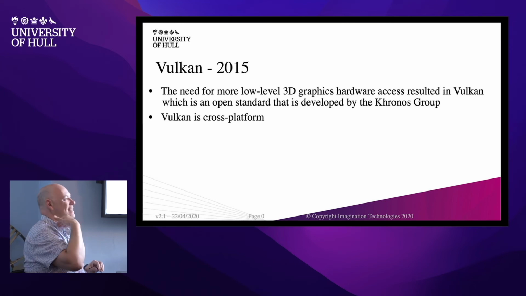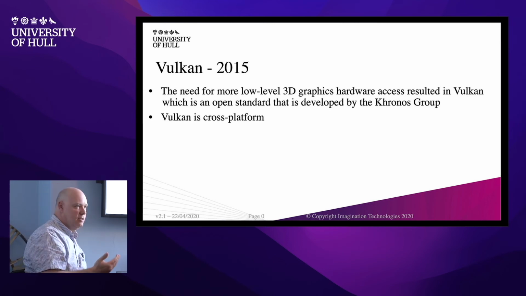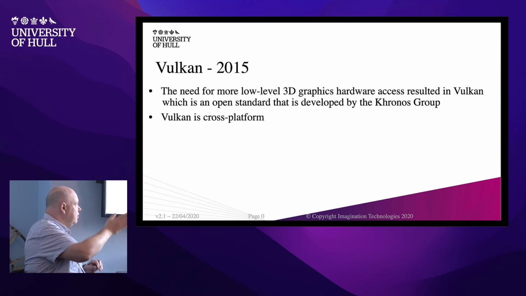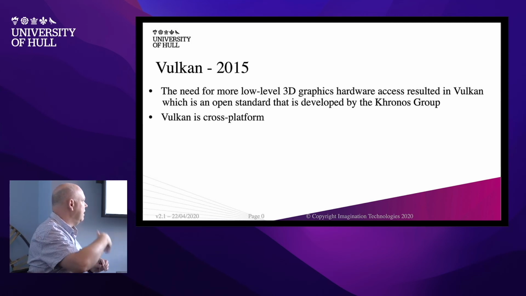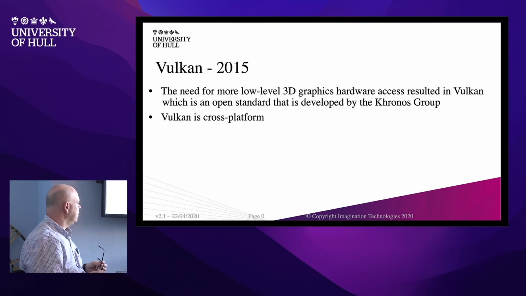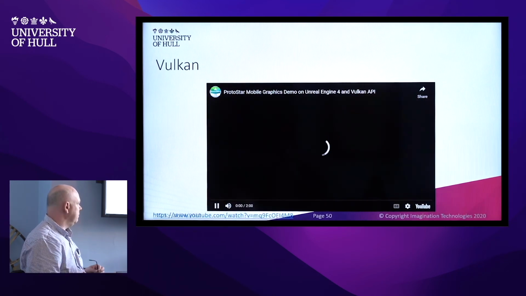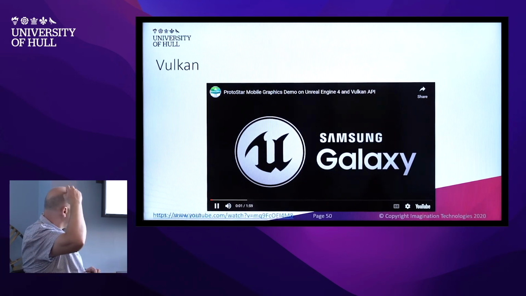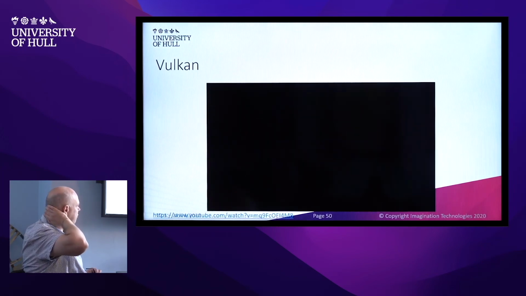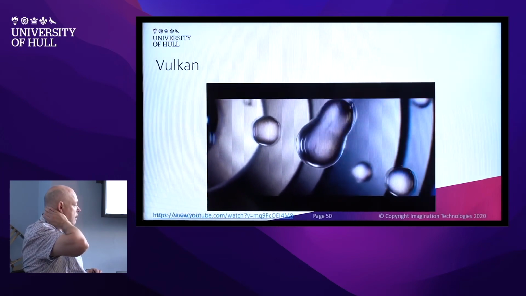So as an introduction to mobile graphics, this module uses OpenGL ES. Once you've mastered that, you should be able to look across to Vulkan and extend your knowledge. I do embed references to Vulkan throughout the lecture materials, and this is Vulkan in action on Unreal Engine 4.